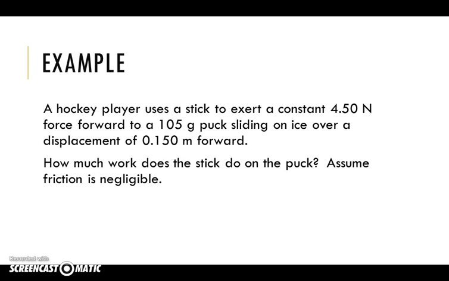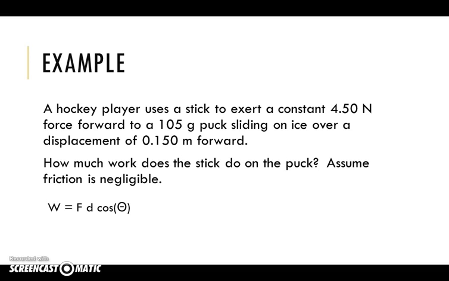Okay, so let's try an example. Let's say that a hockey player uses a stick to exert a constant 4.5 newton force toward a 105 gram puck, and it's sliding on ice over a displacement of 0.15 meters, going forward. How much work does the stick do on the puck? For these problems we're going to assume that friction is negligible. So friction doesn't matter here.